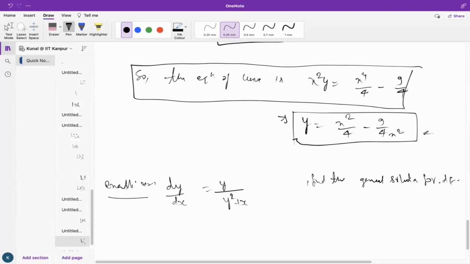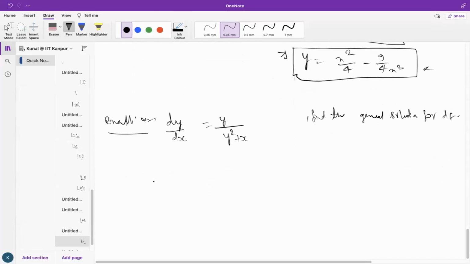First we have to look into whether it is a linear differential equation or not. So let me check it here. What we can do is reverse this equation, take the reciprocal, because we all know that dy by dx is equal to 1 by dx by dy, no change.